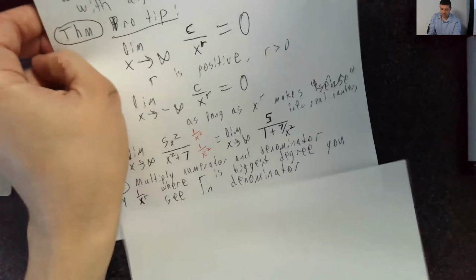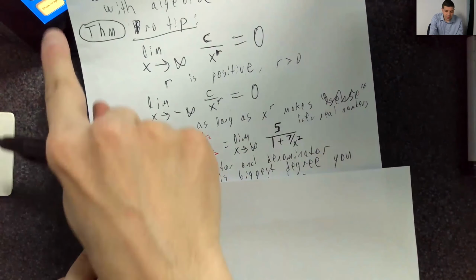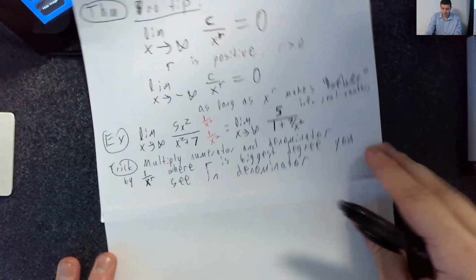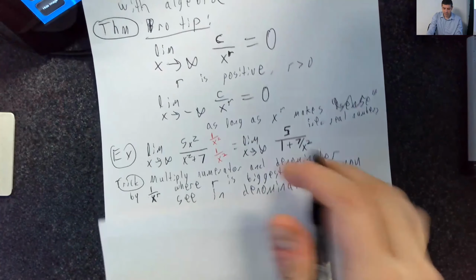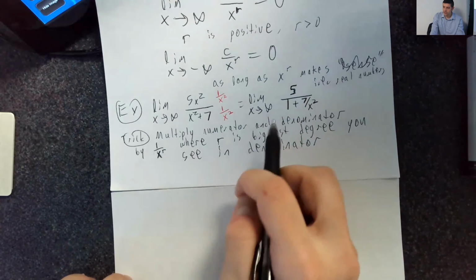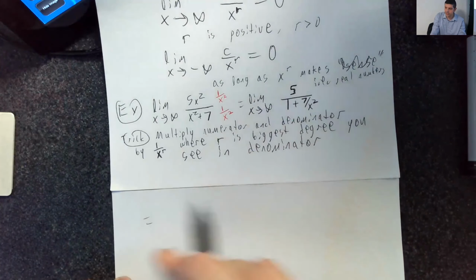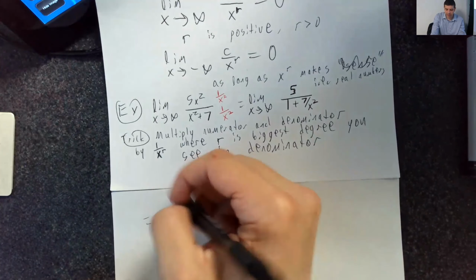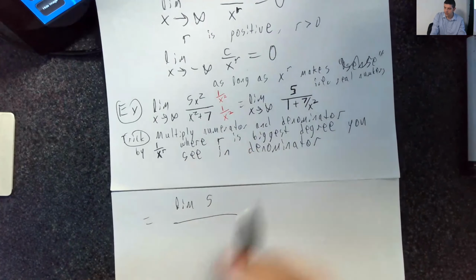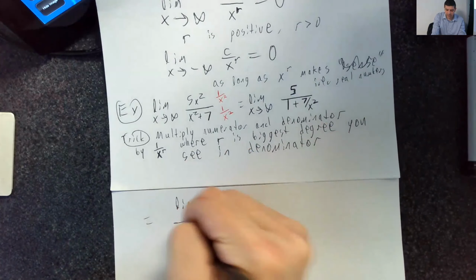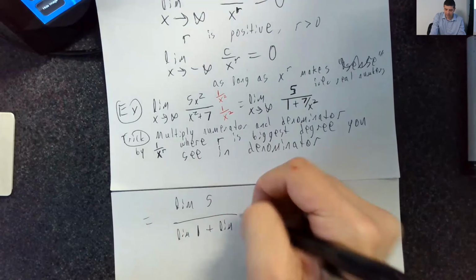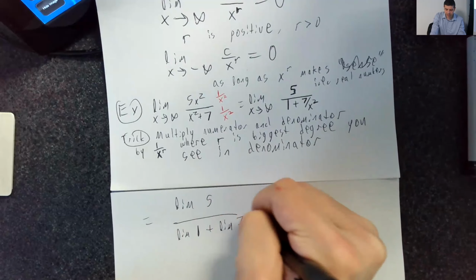But now I have my limit laws. My limit laws mean I could do each piece separately. I could do the limit of 5 separately, the limit of 1 separately, and the limit of 7 over x squared separately.